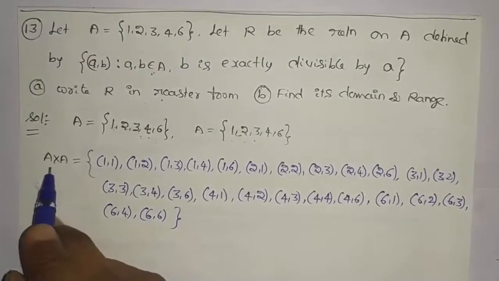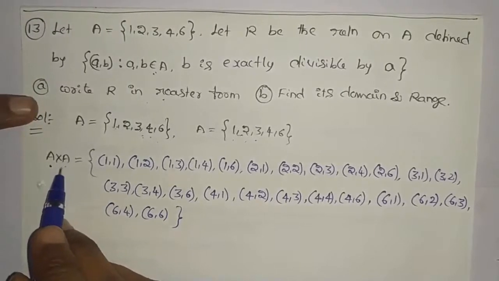It is the Cartesian product of A cross A.